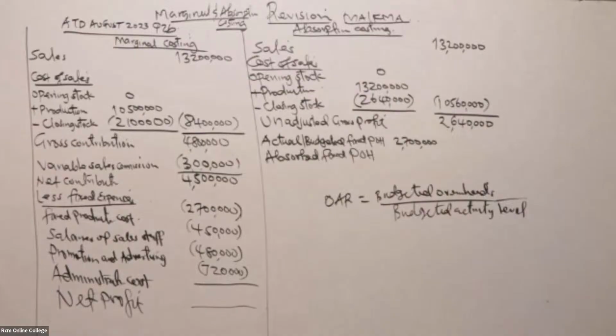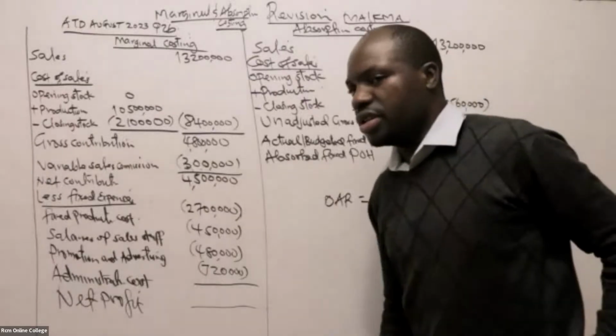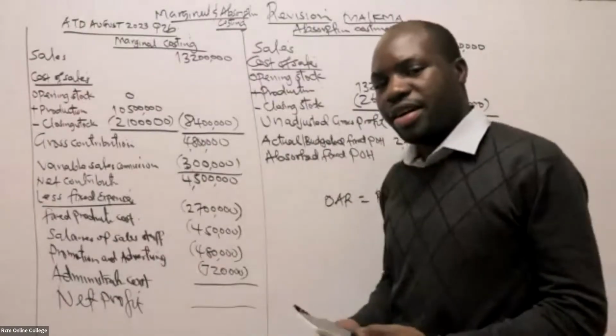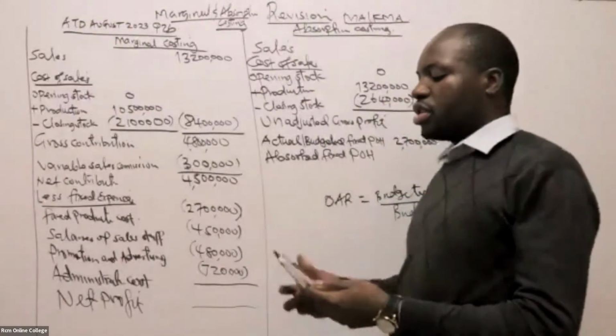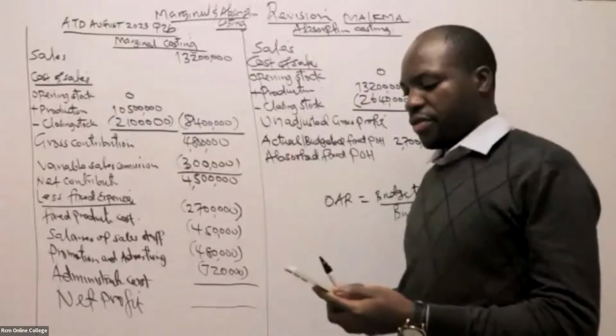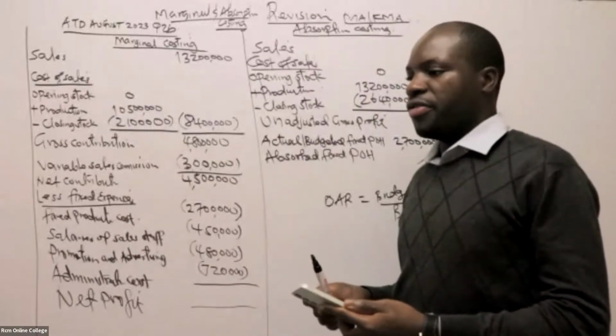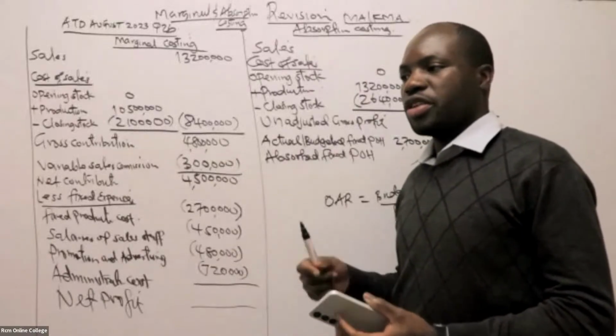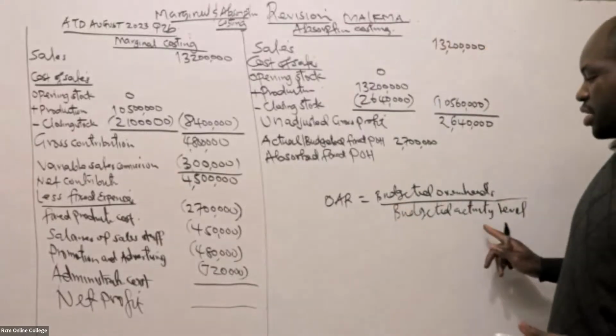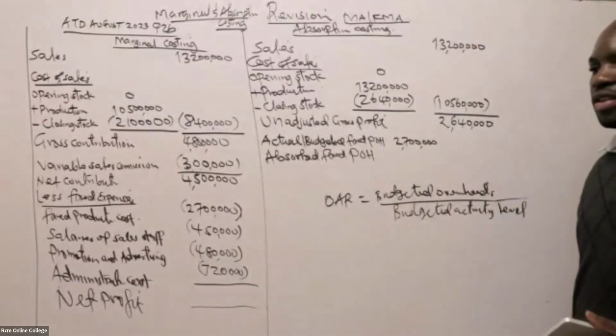Good. Now, how is this fixed production overheads being absorbed? Is it being absorbed based on the number of units, machine hours or labor hours? What is the cost driver, the activity level, for the fixed production overheads?